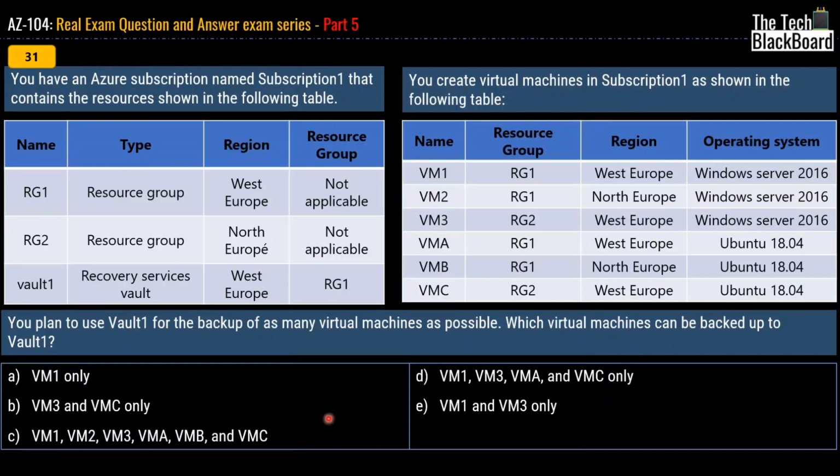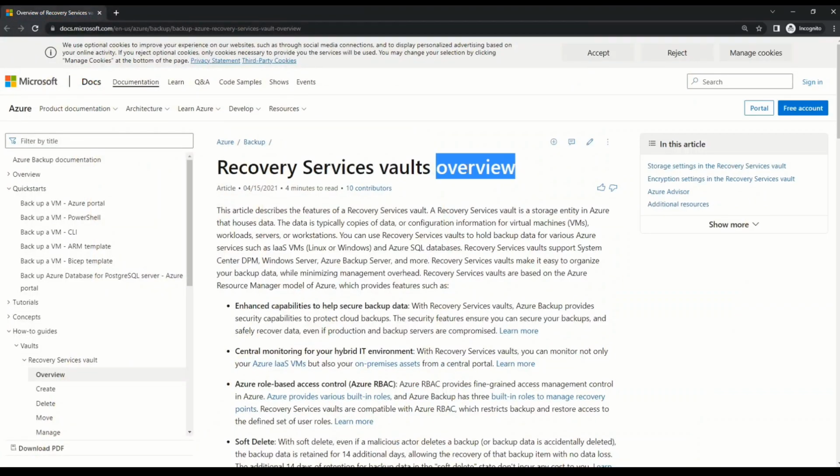Before even answering the question, let's first understand what a recovery services vault is. This is the Microsoft site that gives an overview of recovery services vault. You can read here that this article describes the features of a recovery services vault. A recovery services vault is a storage entity in Azure that houses data.